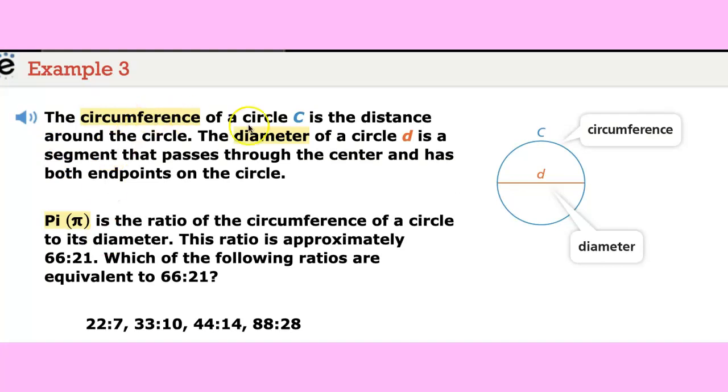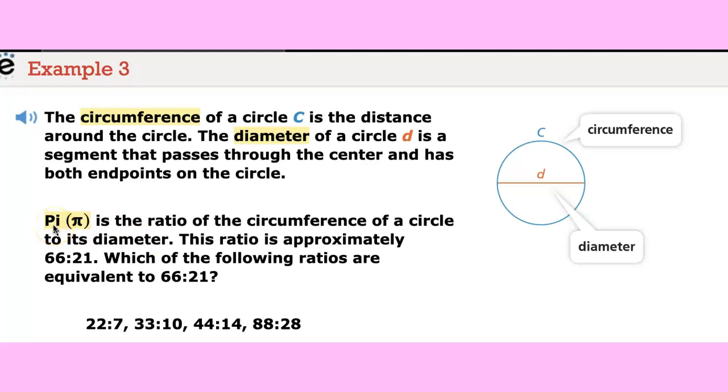The circumference of a circle, which is letter C, is the measurement around it, the distance around the circle. The diameter of a circle, which is D, is the segment across it that passes through the center and has both ends at the circle, so it touches the circle.